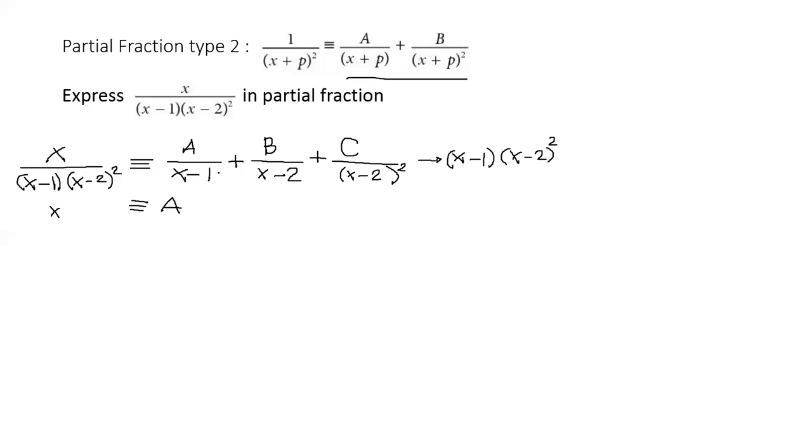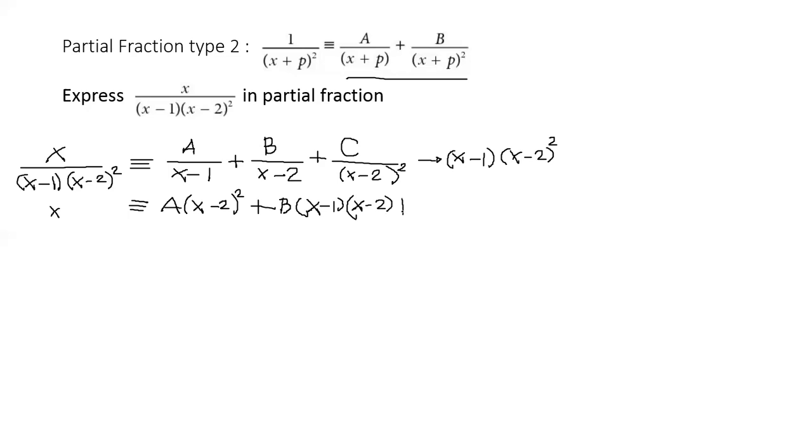If you multiply a over (x minus 1) by (x minus 1) times (x minus 2) squared, it becomes a times (x minus 2) squared. If you multiply (x minus 1) times (x minus 2) squared by the second term, it becomes b times (x minus 1) times (x minus 2).